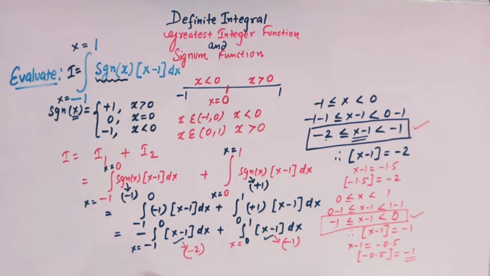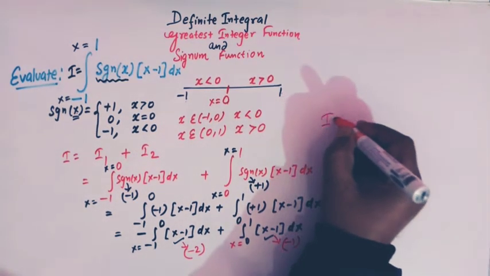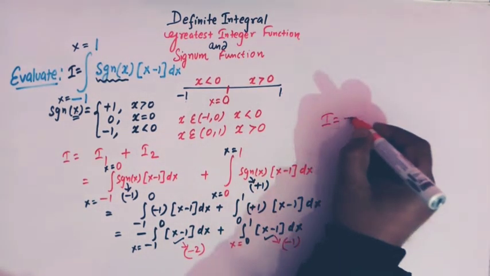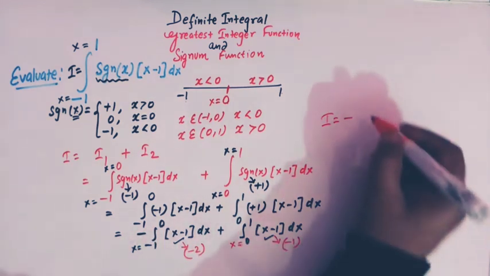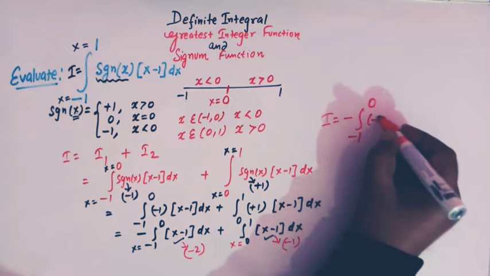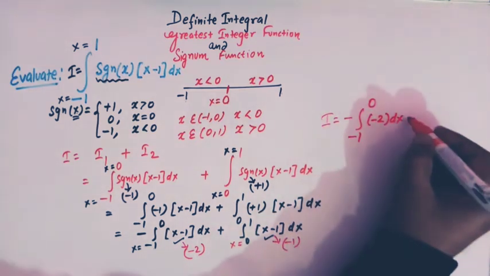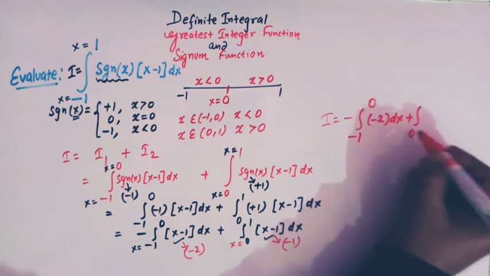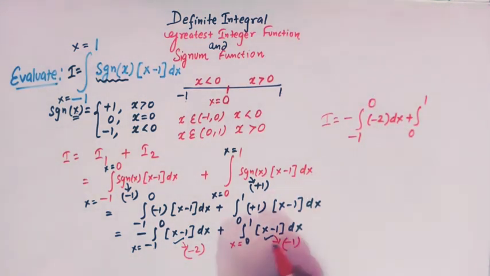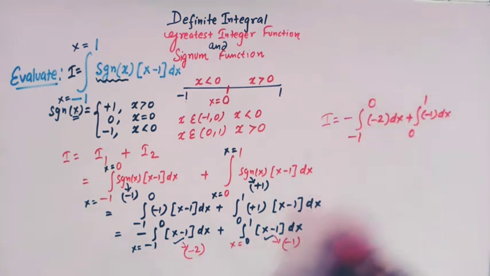So now our two integrals reduce to, we can now write minus, and here we have minus 1 to 0, and we have minus 2 dx, and here we have 0 to 1, and we have minus 1 dx, right?